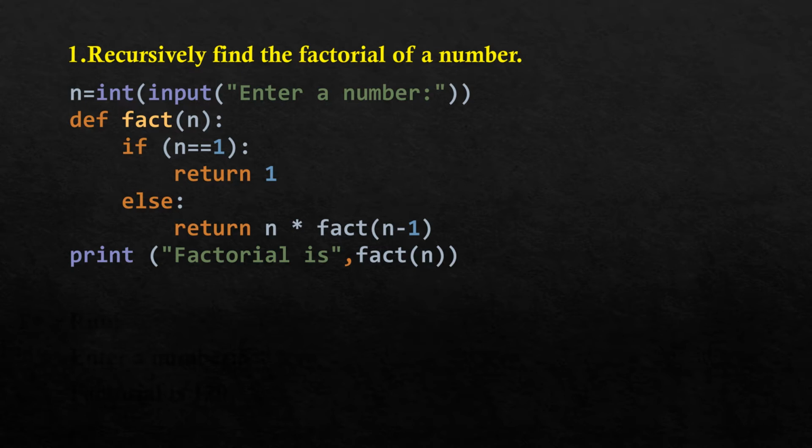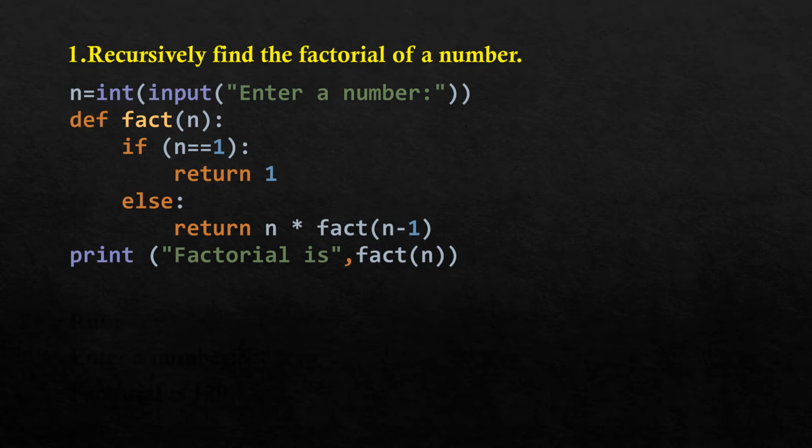Here the function fact is called within itself. The base case is when n is equal to 1, then the result will be 1. That means it will return 1. So when n is equal to 5, then it will execute like this. Fact of 5 is n into fact of n minus 1, that is 5 into factorial of 4. Now again factorial of 4 will be called and its output is 4 into factorial of 3.